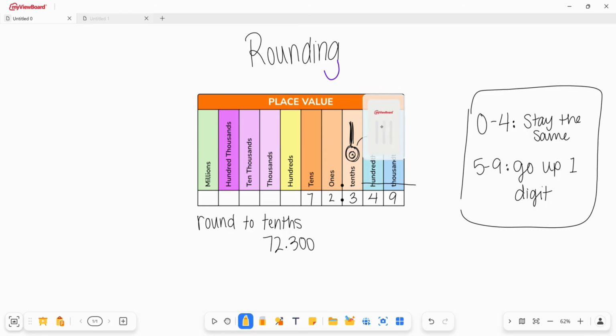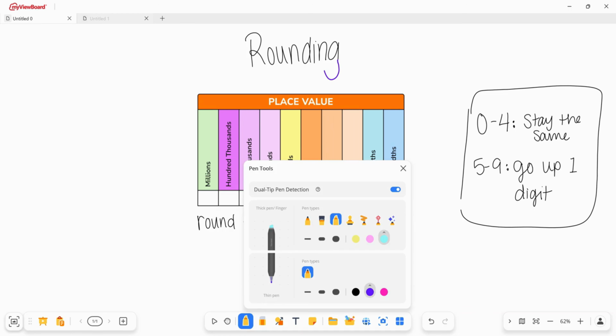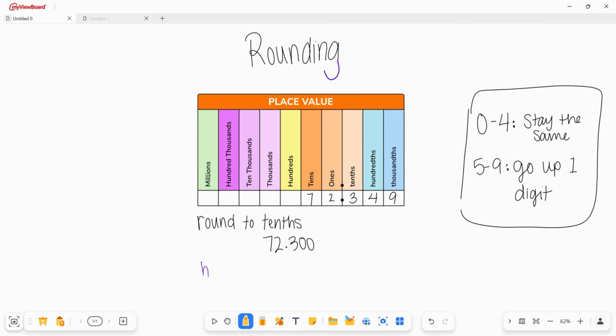Let me erase these. Okay, now what happens if I want to round to the hundredths? I'm just going to keep using the same number. If I'm going to round to the hundredths, well, that is my new target number, which means I need to look at the number before it to tell me what to do over here.